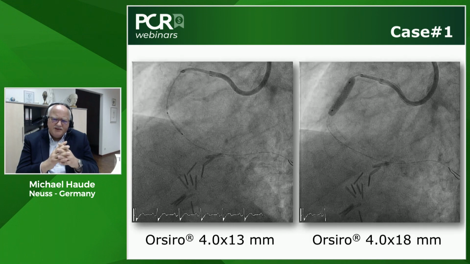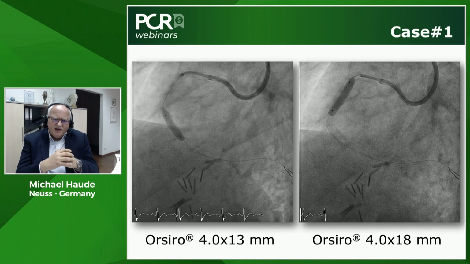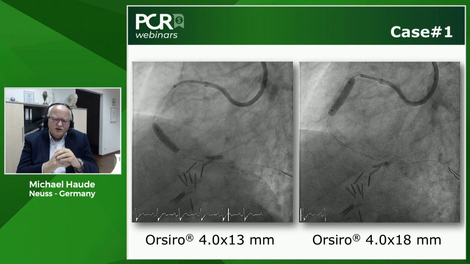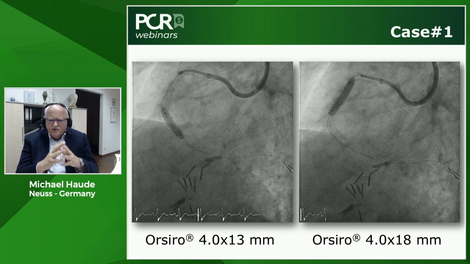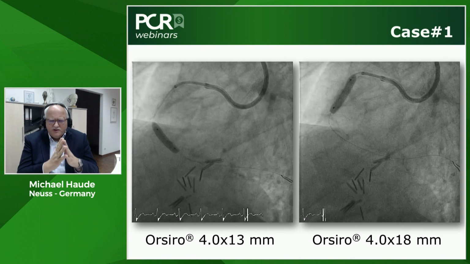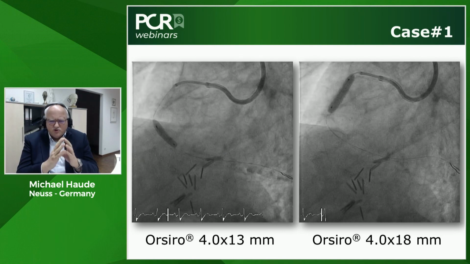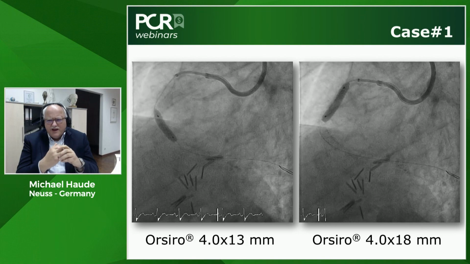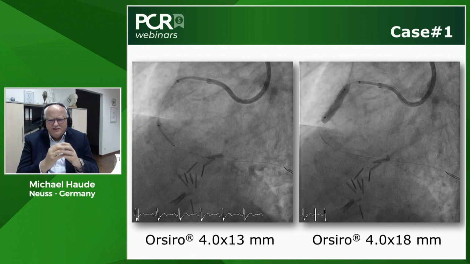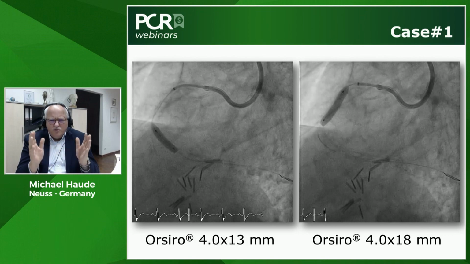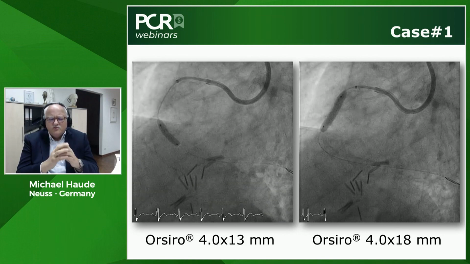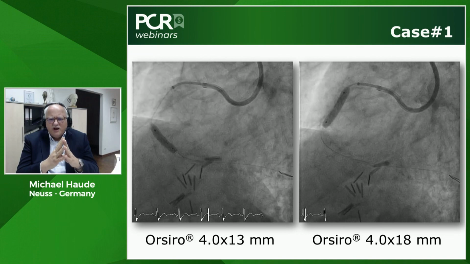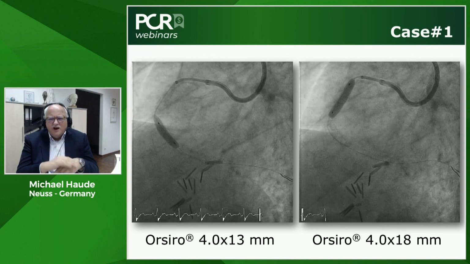First we send a distal DES to the distal lesion, and then a second one to the proximal lesion, both 4.0 in diameter. The distal one is shorter, the proximal one 18 millimeters. You can nicely see that these balloons are open at 16 atmospheres, so you really have changed the underlying compliance of that heavily calcified artery.